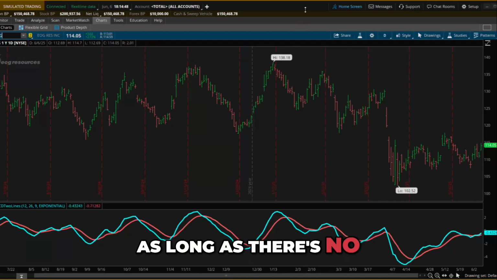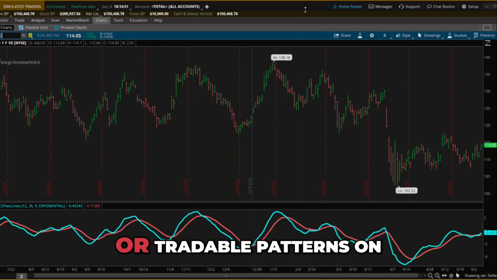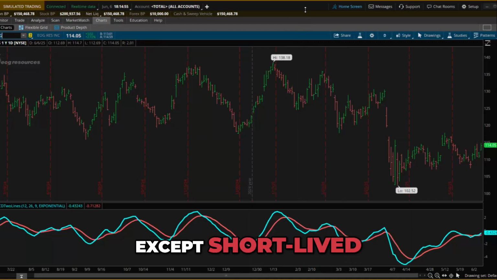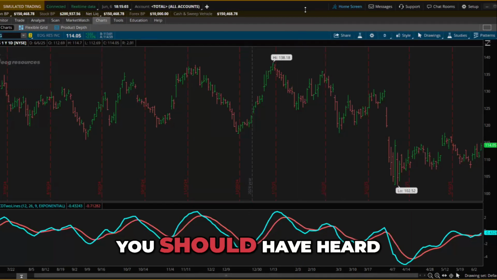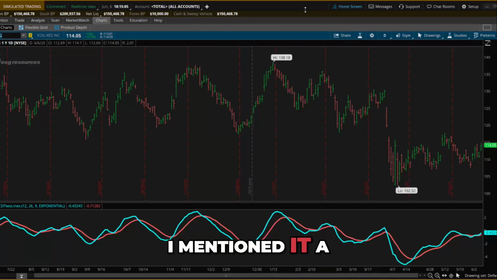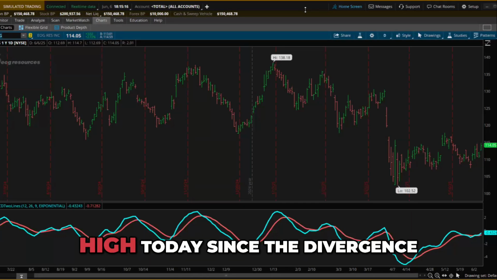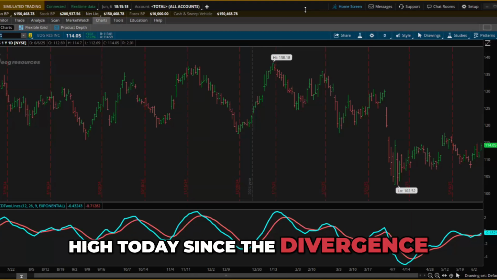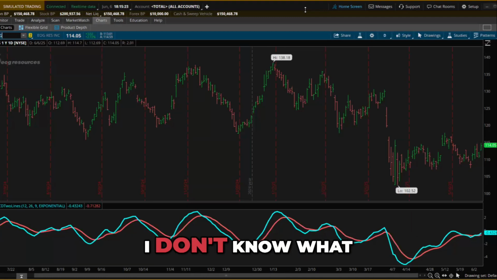As long as there's no tradable indexes or tradable patterns on the major indexes except short-lived, it pays to look at something like USO. And you should have heard it here first because I mentioned it a couple of weeks ago. So you had to have made money if you'd bought it outright because it's at a new high today since the divergence. So if you didn't make money, I don't know what you did.